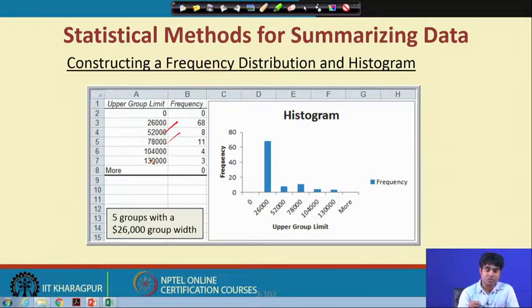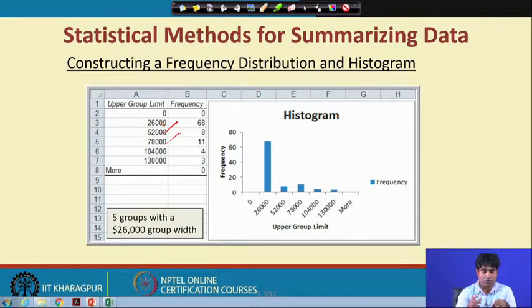For instance, you see here altogether we have 68 observations, 8 observations, 11 observations, 4 observations. So, these are different numbers with respect to a particular group. Let us assume that this is an income group. There are no people in that organization whose income is 0.